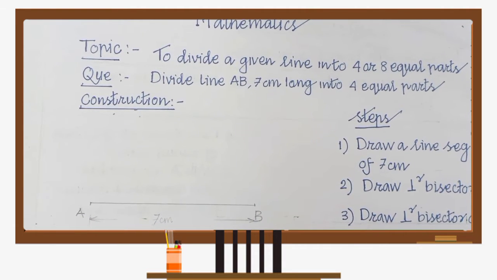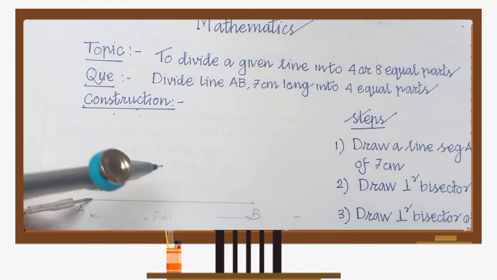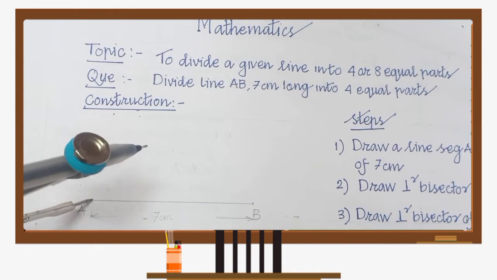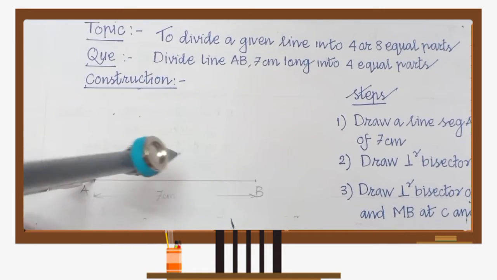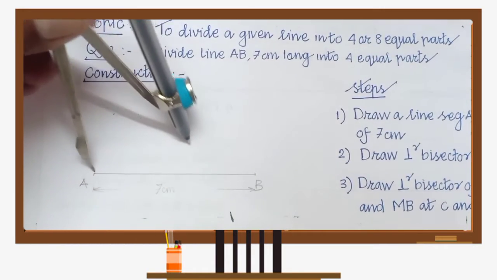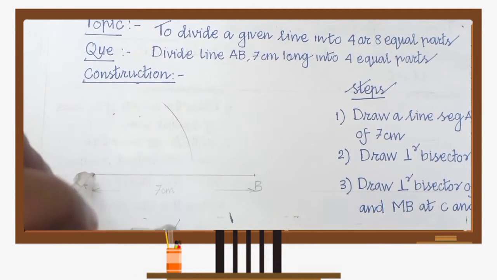So we are taking a distance more than half, आधे से ज़्यादा डिस्टेंस लेंगे हम. And you keep this pointer here, यहाँ पॉइंटर रखेंगे, and draw one arc. इस प्रकार से हम आर्क निकालेंगे.